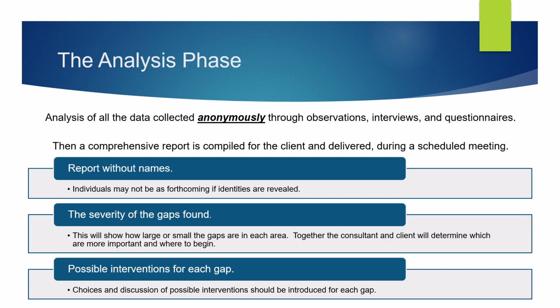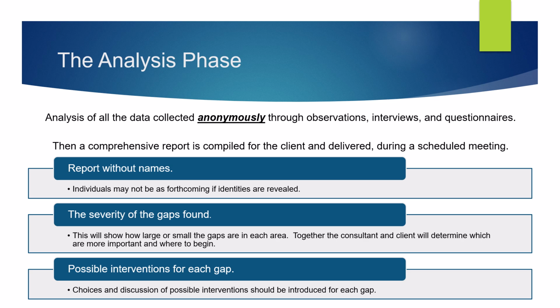The analysis phase is so important and needs to be done accurately, objectively, and anonymously. Enter the data and comments without revealing the identity of the individuals. Anonymity is very important to achieve accurate and very real data.